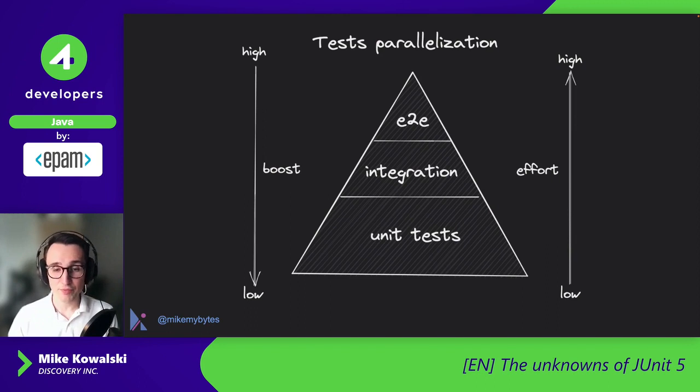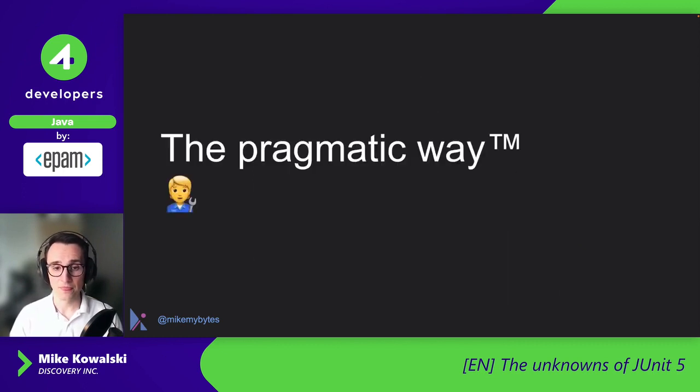And because they are not using some shared state, they should be relatively easy to run in parallel. However, going higher and higher in this pyramid shows us that although the boost is a lot more significant, the effort required to parallelize, for example, end-to-end tests may be a lot bigger.